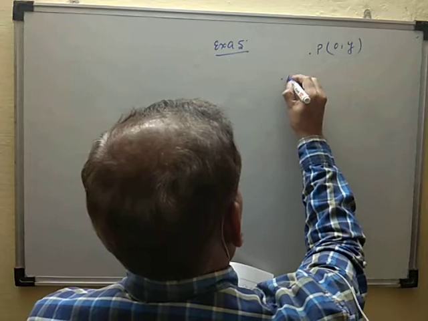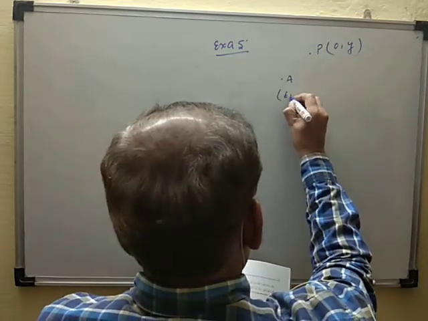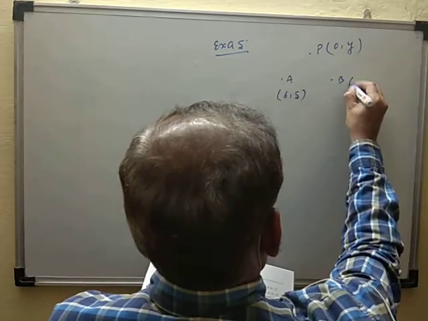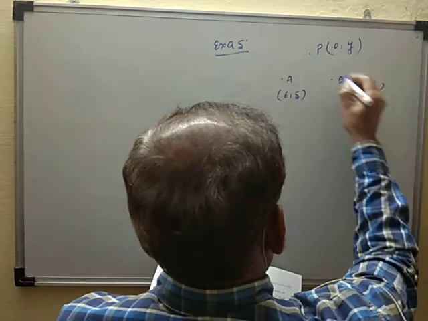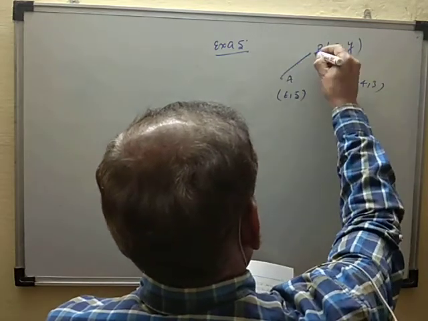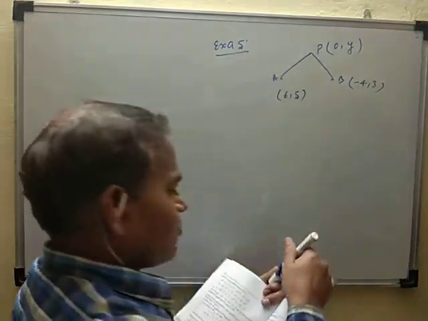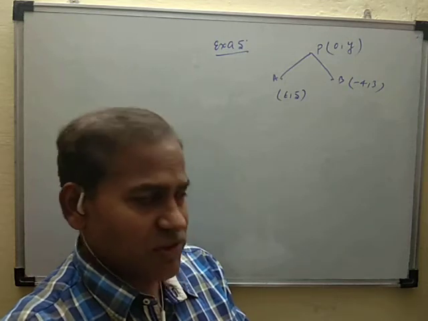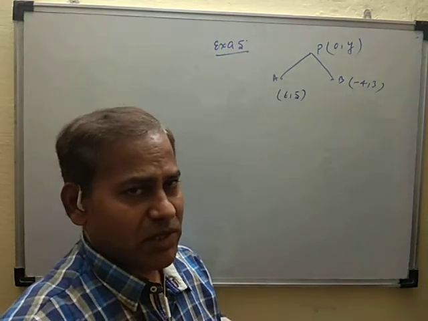Point A is given with coordinates (6, 5), and point B is given whose coordinate is (-4, 3), and given PA is equal to PB, because of the given equidistance. Find a point which is equidistant from A and B, that is, PA is equal to PB.